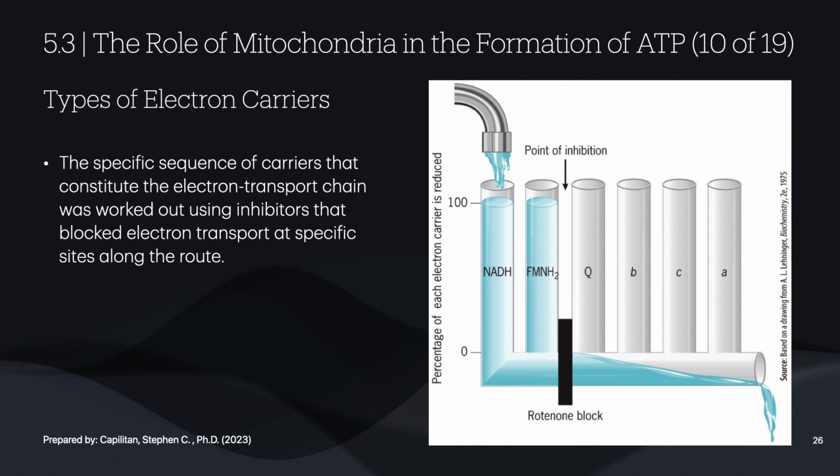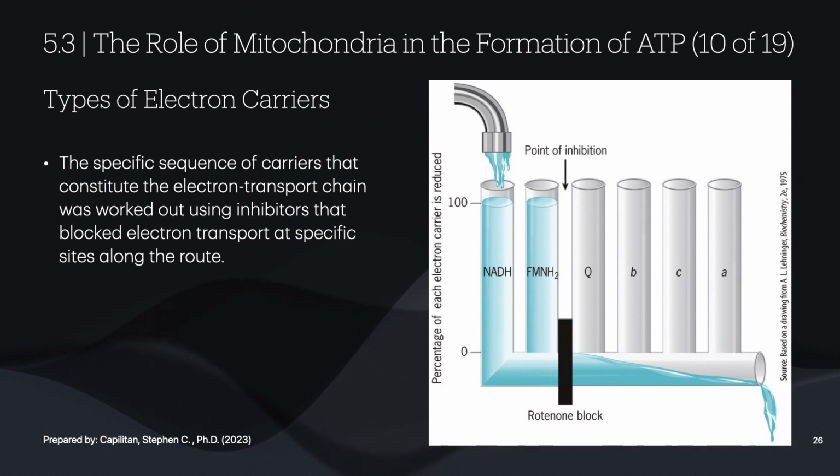The specific sequence of carriers that constitute the electron transport chain was worked out using inhibitors that block electron transport at specific sites along the route. This is very prominent in this experimental use of inhibitors to determine the sequence of carriers in your electron transport chain.